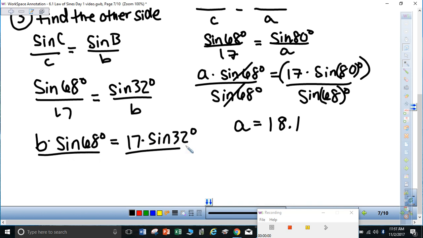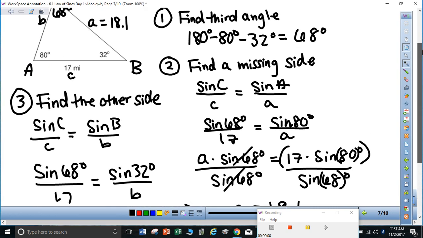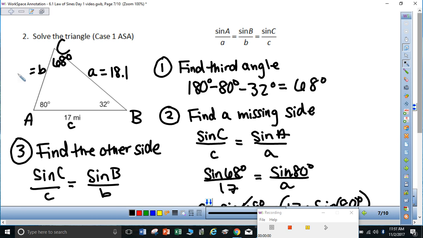Divide both sides by sine 68. Add all of our parentheses in before that goes into our calculator. We end up getting that B is approximately 9.7. So we have solved the triangle. We found the missing angle, and we found the measure of the two missing sides.